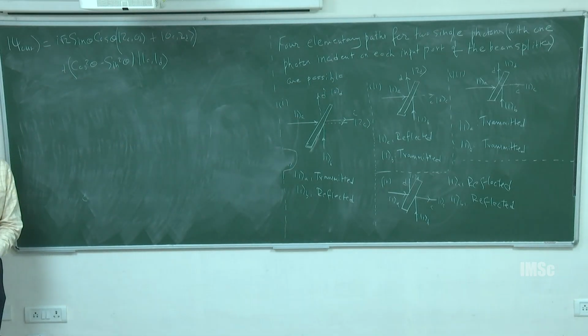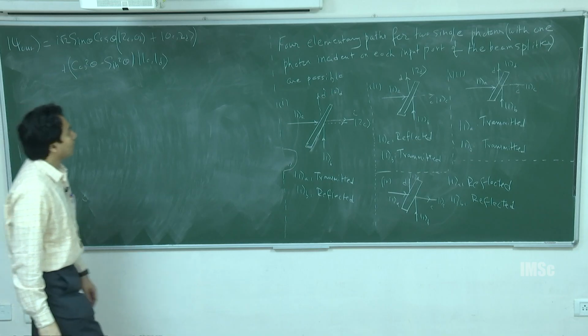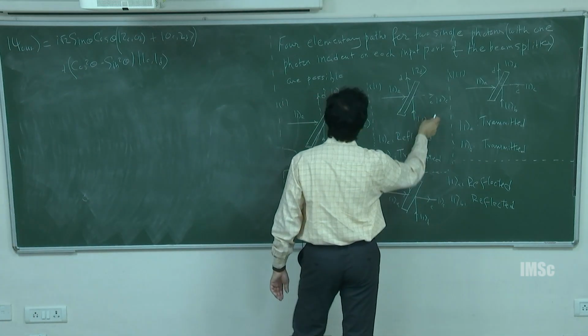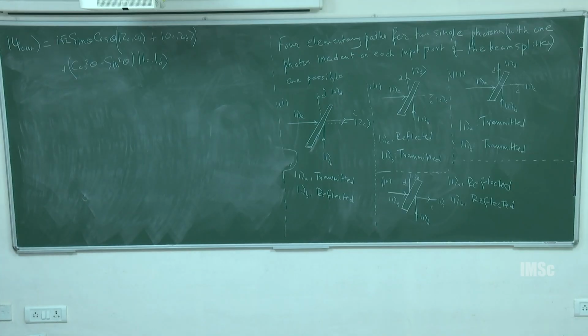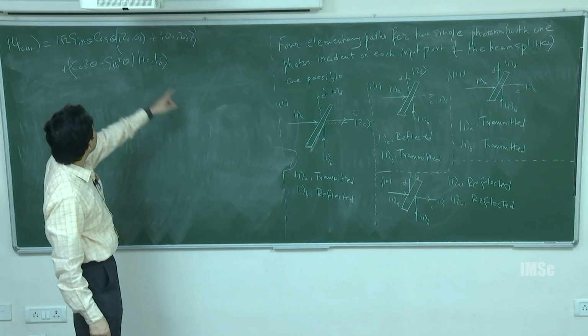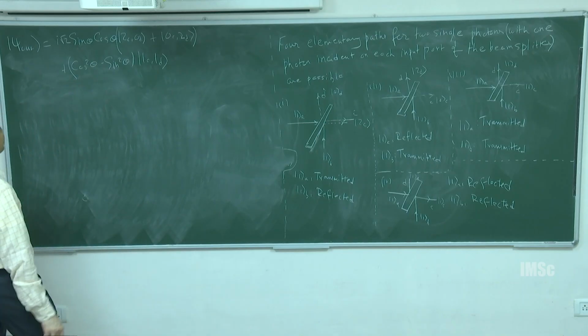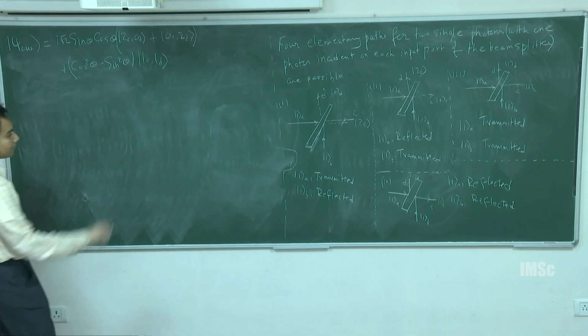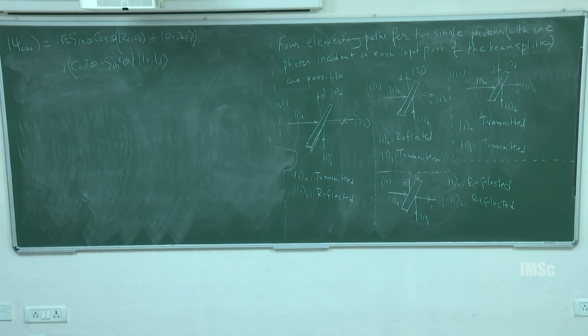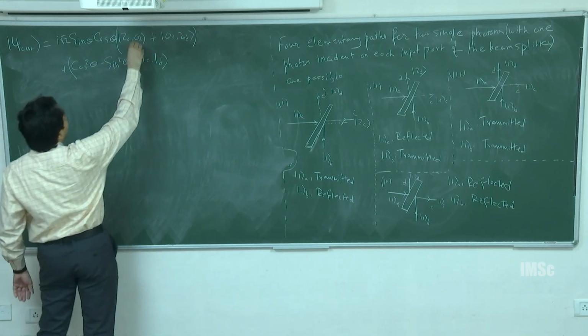Now from this picture here, can we identify the paths, like which term corresponds to which path? So which possibility does this term here, the first term, correspond to? We have 4 possibilities there. The first term, Case 1. This is 1.